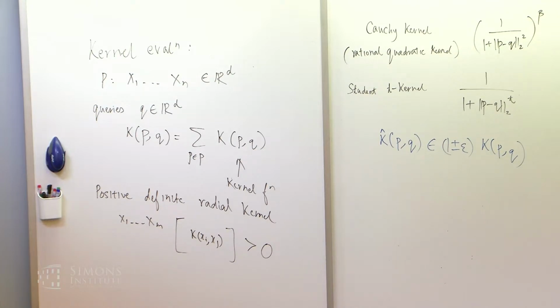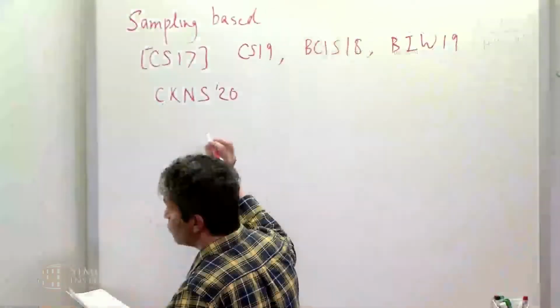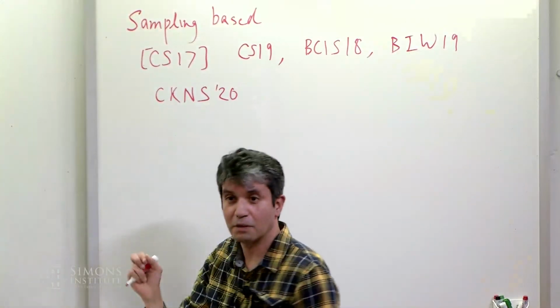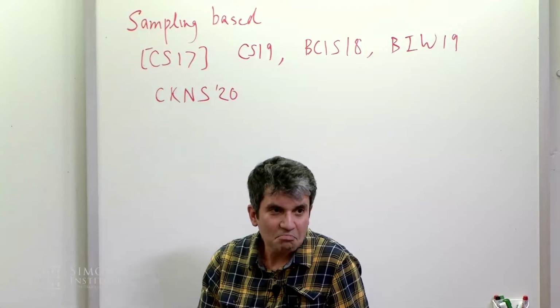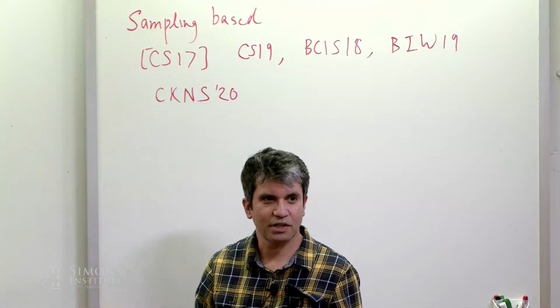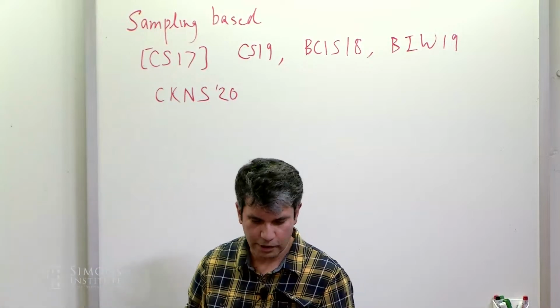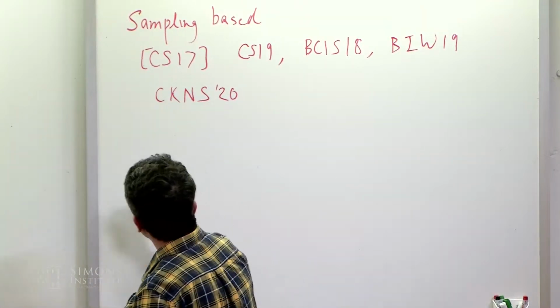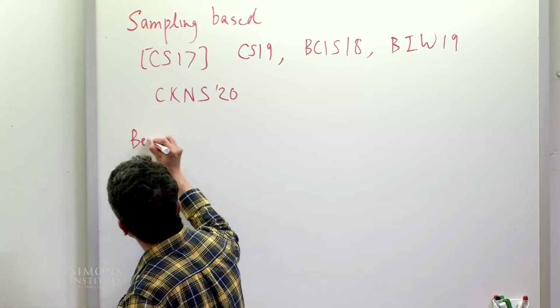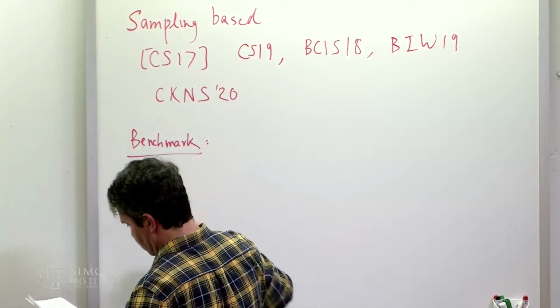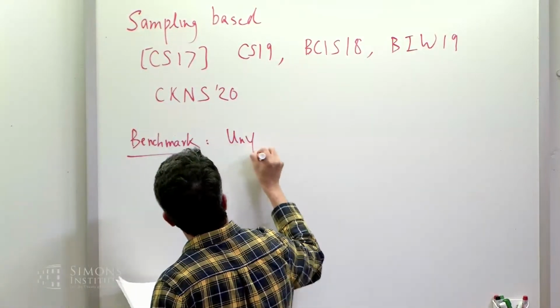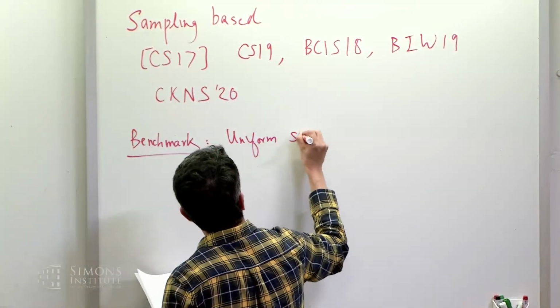And very roughly speaking, in the very first paper that we had on this, we showed that you could do... Okay, so first of all, let me tell you what the benchmark is. If you're going to do random sampling, first you should ask, what happens if you just randomly sample the data set and try to estimate that quantity? So the benchmark for this is just uniform sampling.